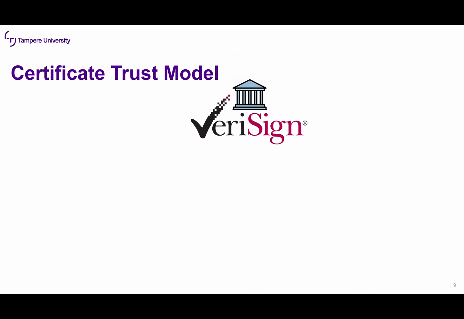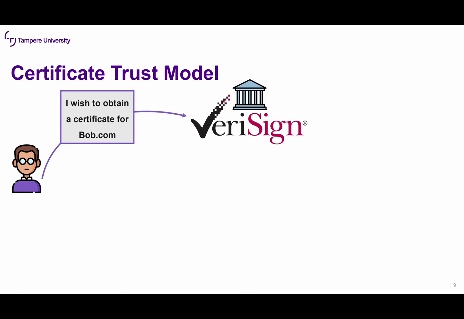Good. So certificates have a trust model. How does it work? Let's say that we have VeriSign, a certification authority, and Bob is contacting VeriSign to say, I wish to obtain a certificate for my website, webservicebob.com, right?